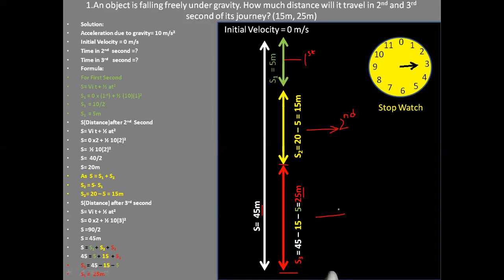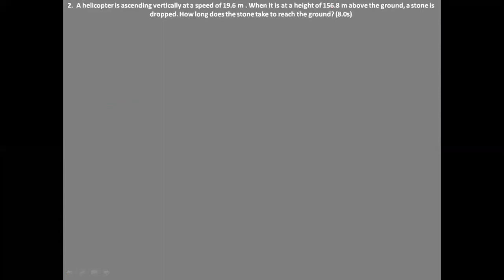In the third second it has covered 25 meters, and that is why it is written 45 minus 15 minus 5 is equal to 25, and that is our answer as well. So in this way we can solve the numerical of chapter number 3, which is about force and motion. Let us look at this question now.